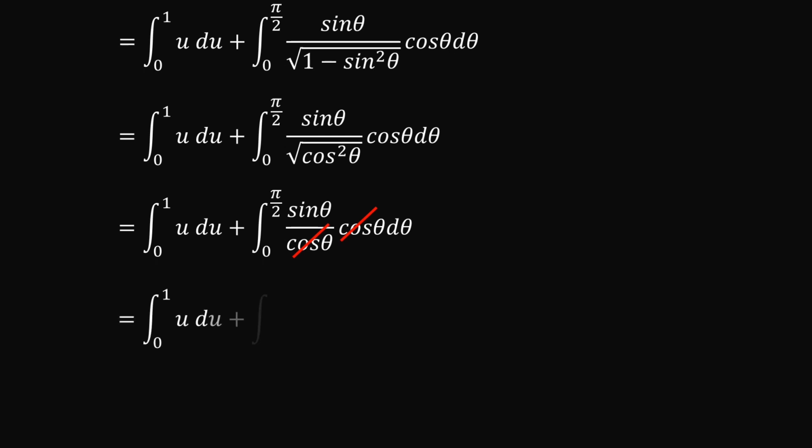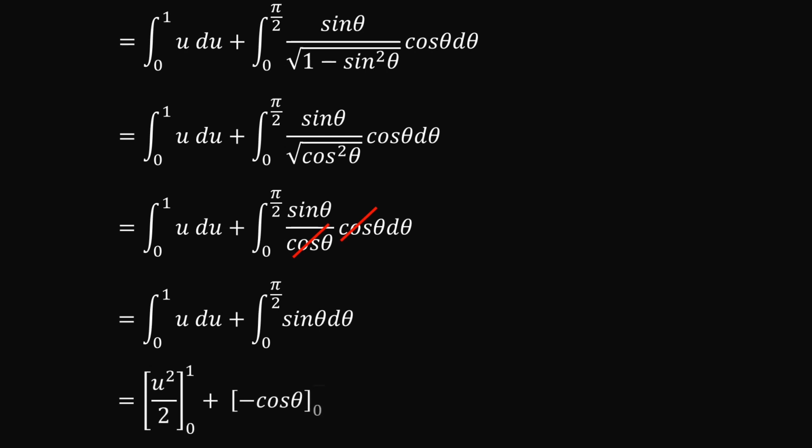We are left in the second integral with the integration of sine theta from 0 to pi over 2. Obviously the first integral is u squared over 2 with the limits 0 and 1, and the second integral results in negative cos theta from 0 to pi over 2.